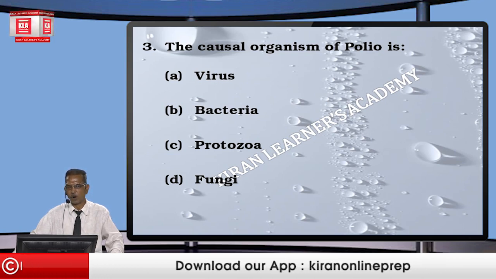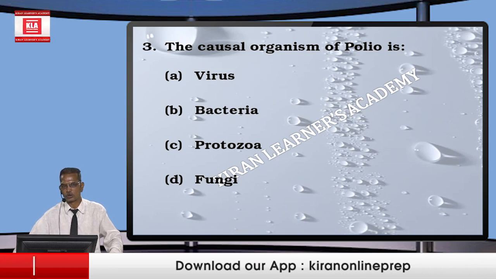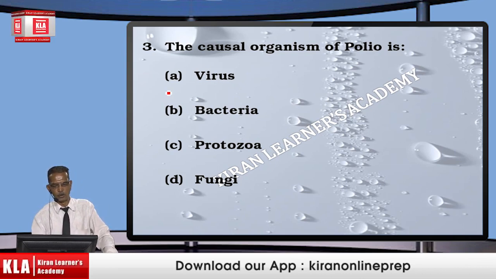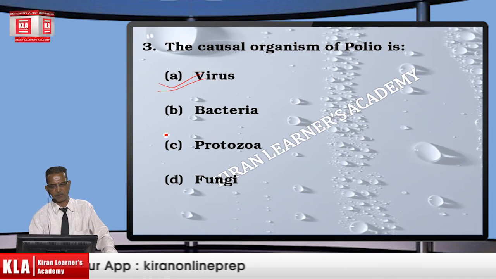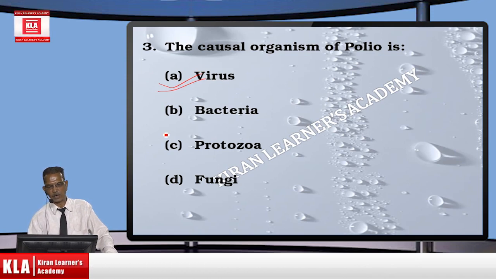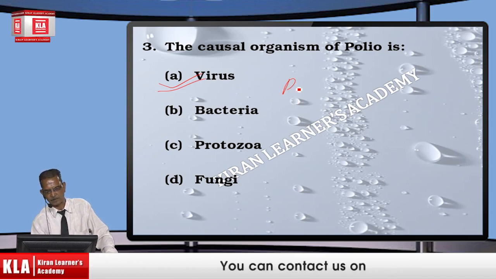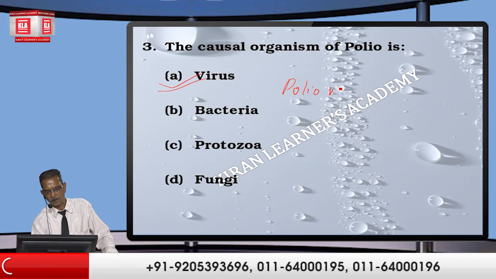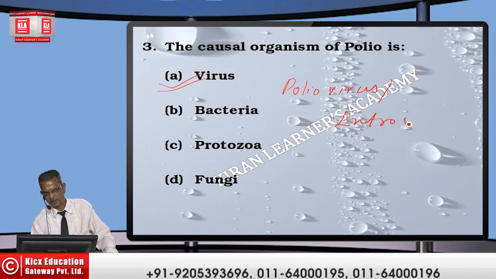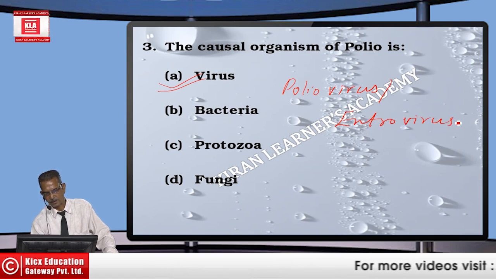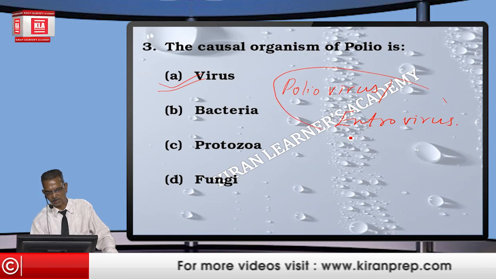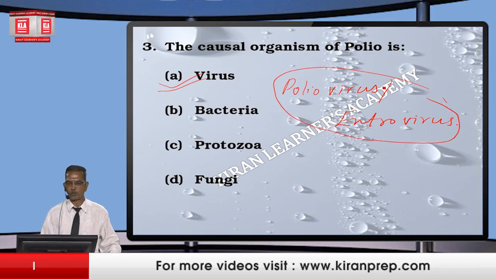And if we look at what actually polio is caused by, polio is caused by the virus that we call polio virus, or in some cases it is also called enterovirus. That is the virus which causes the disease called polio.